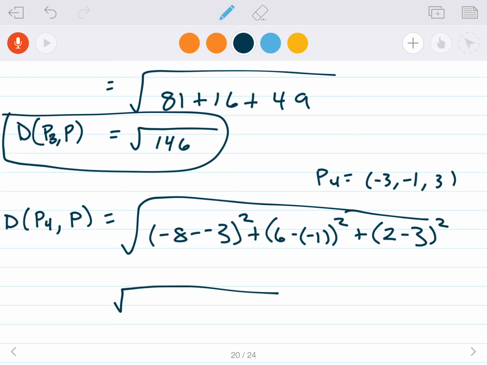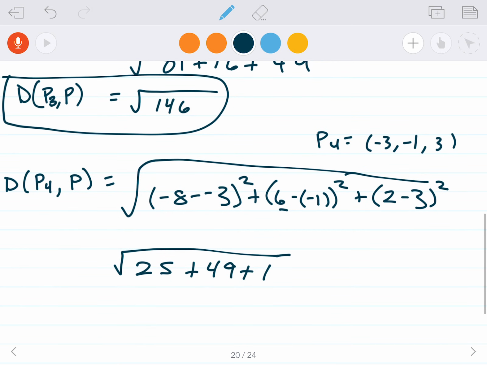Okay, so this is going to give us negative 8 plus 3 is negative 5 squared is 25. This is going to be 7 squared is 49, and then this is going to be 1. So we have 50, and 25 is going to make the square root of 75. So this is the distance between P4 and P.